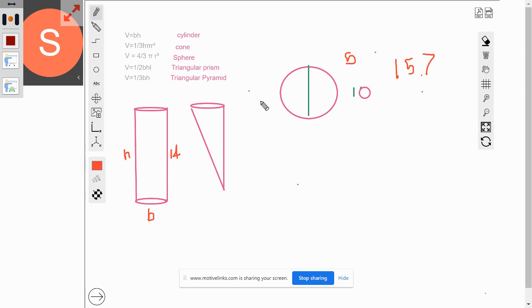Okay, so we have 3869.9. Now, we're not done yet. Once we have this number, this is only pi r cubed. We have to multiply 4/3 by it. So let's do that.